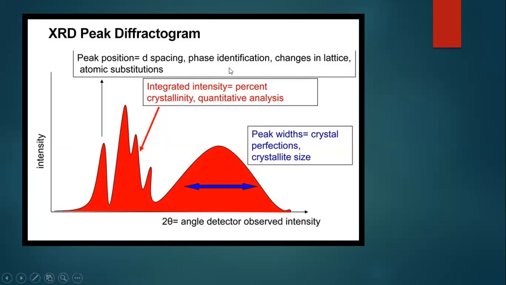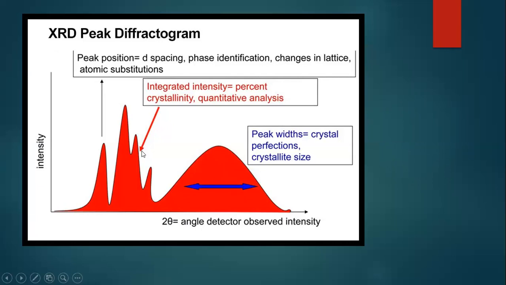From this graph, we can see here is the intensity, and here is what is called the 2 theta, which means the angle at which the detector observed intensity. So the XRD peaks here can give us the peak position, which is equal to the d-spacing, the phase identification, and any change in the lattices and the atomic substitutions.